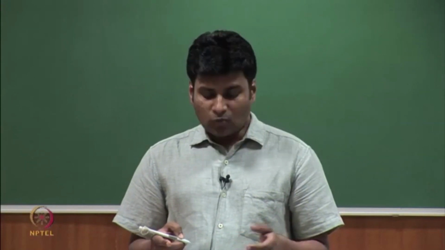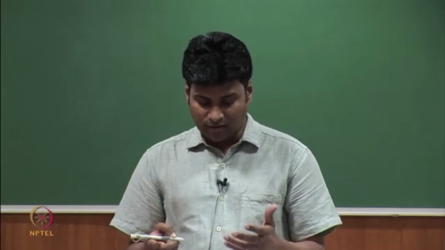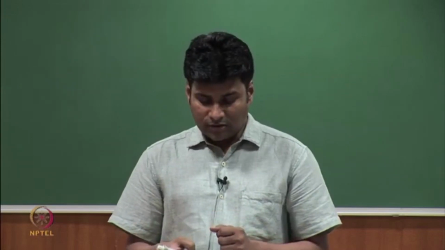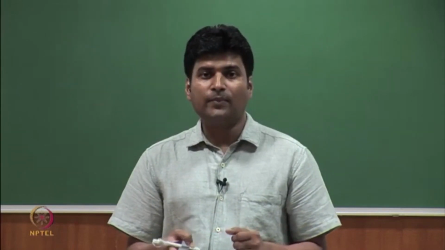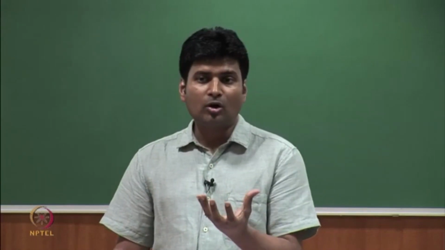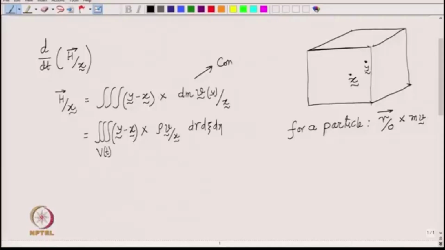So, we can now move back to the control mass setting, which we had earlier: instead of dv, we do dm, so we are integrating over the mass. Mass is now identifiable and is not changing. So, this is control mass, whereas this is with control volume.